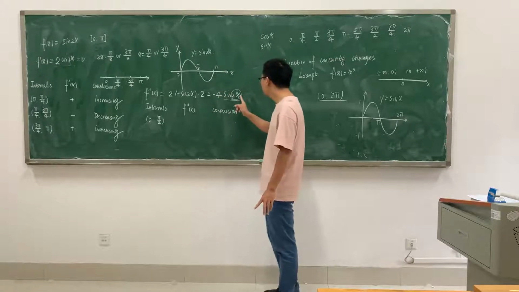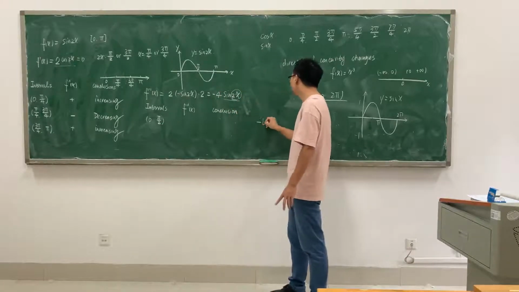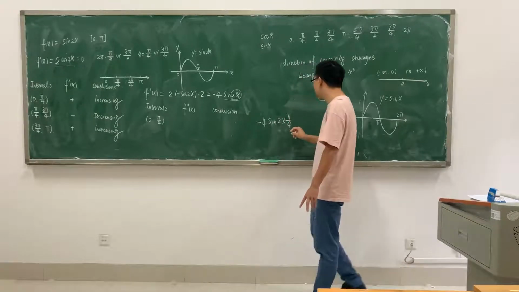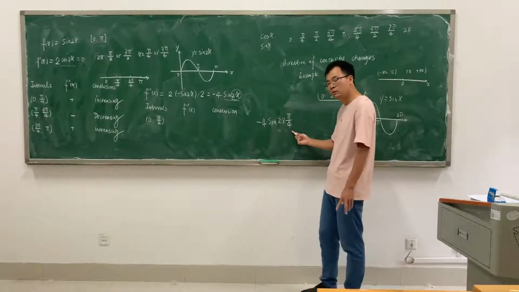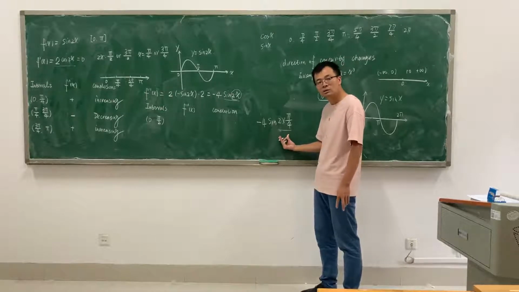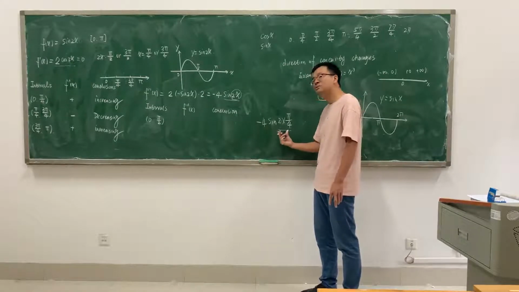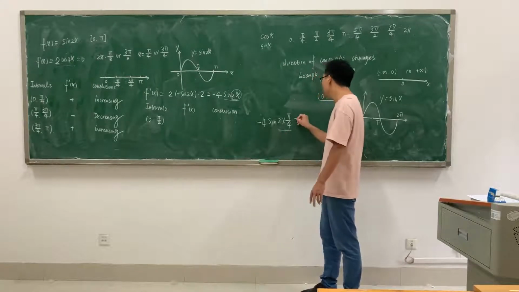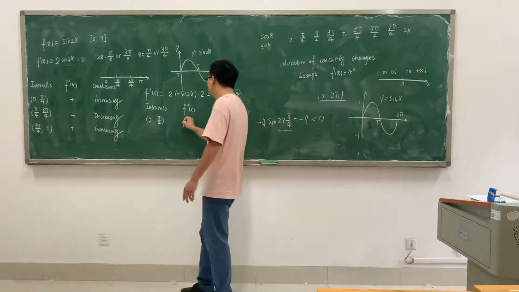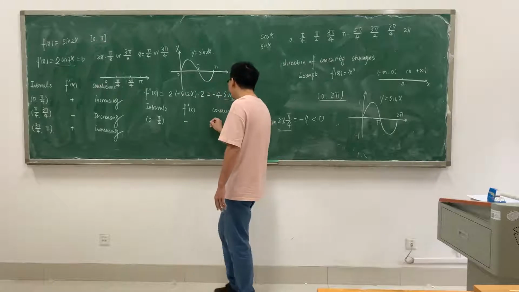So minus 4 times sine 2 times pi by 4. Is this greater than 0 or less than 0? Here is 1 half pi, sine 1 half pi is what? Sine 1 half pi is 1. So minus 4 times 1 is minus 4, so less than 0, yeah? So here is negative.